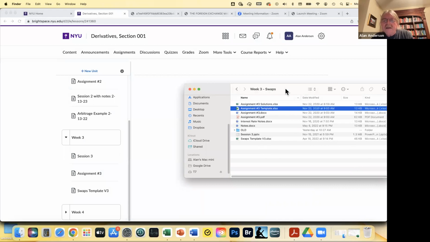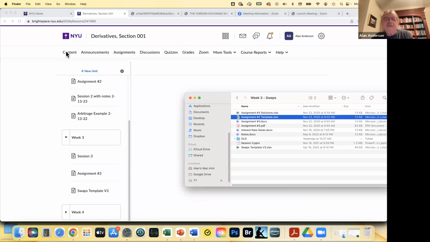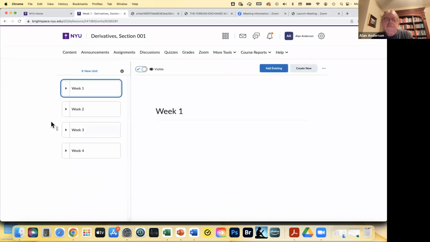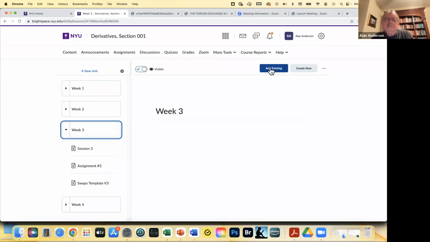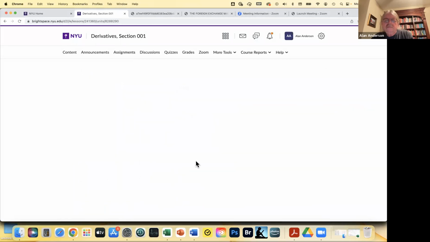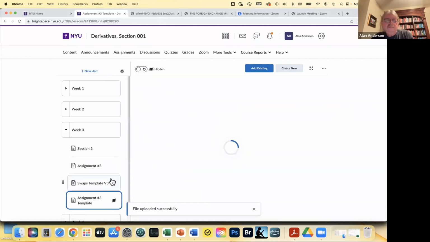All right, so the template is right here. You can see it's an actual honest to God Excel spreadsheet. Now I'm not sure what to expect.